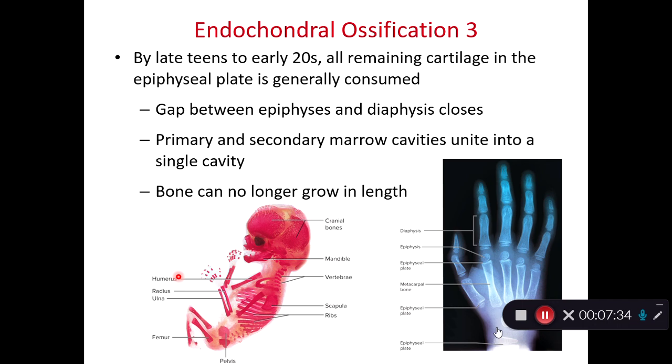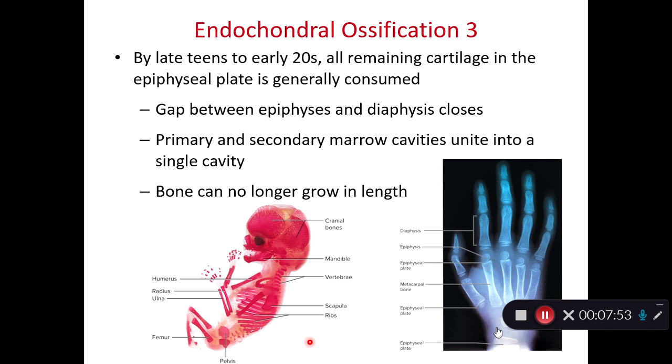As we're looking at this process of having the cartilage turn into bone, this endochondral ossification, those gaps in between the epiphyses, those epiphyseal plates, are going to eventually fuse to form epiphyseal lines.